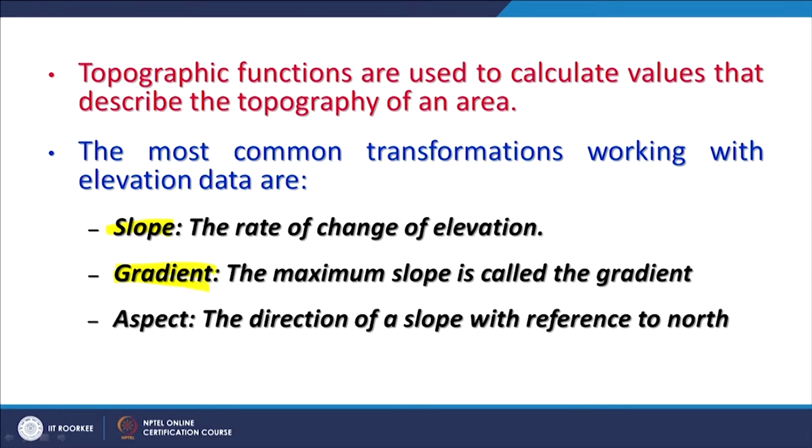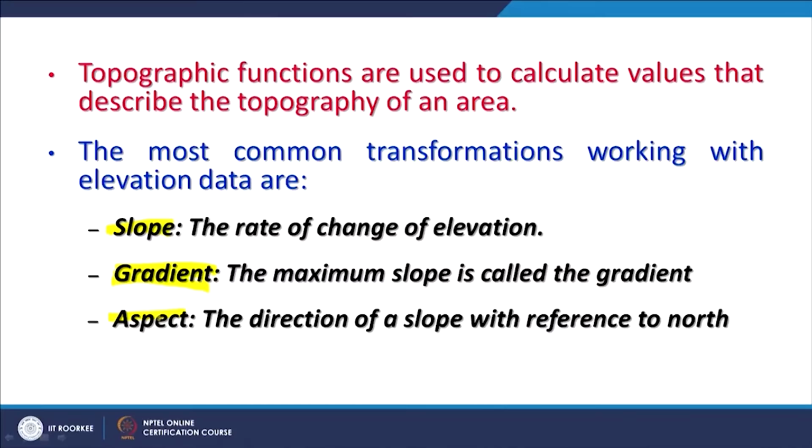There is another term which is used, called gradient. This is basically the maximum slope. You may have a sloping surface, but all parts may not have the maximum, so for identifying which part has the maximum slope, we call that the gradient, which is also possible, and which we put as one of the common derivatives of a digital elevation model.